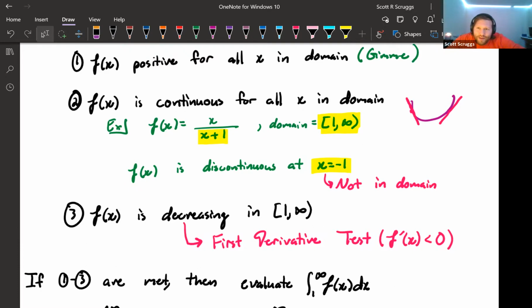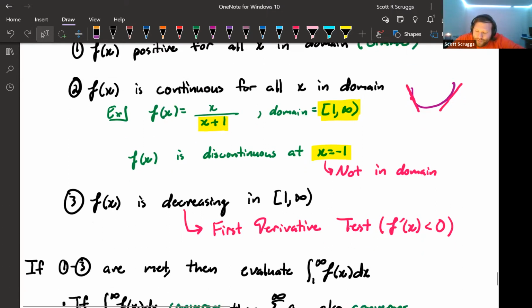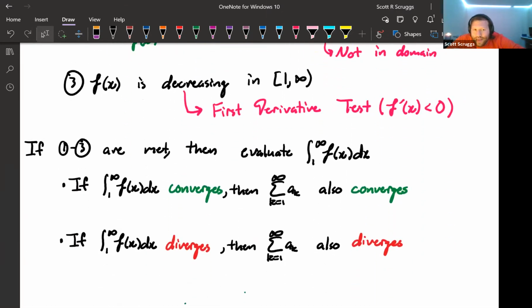We might have a trouble point, but it's not in my domain, so I do not have to worry about it. Then I go to condition 3, which is to check that my function is decreasing in my interval. And the quickest way that I can think of to do this is to use the first derivative test to state that the derivative is negative for points in my domain.